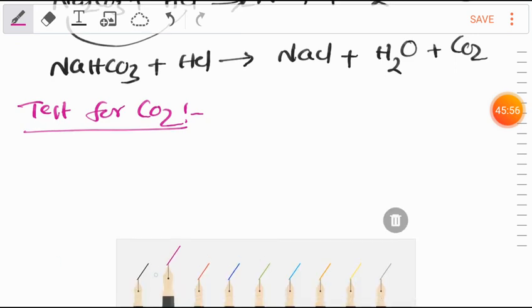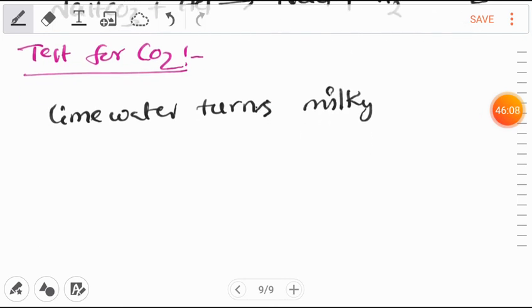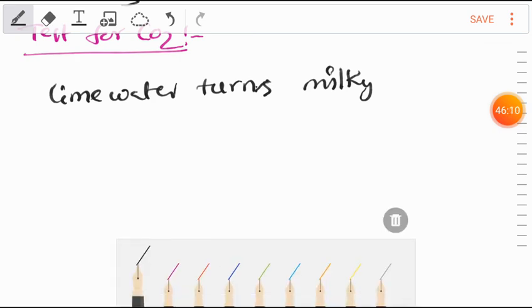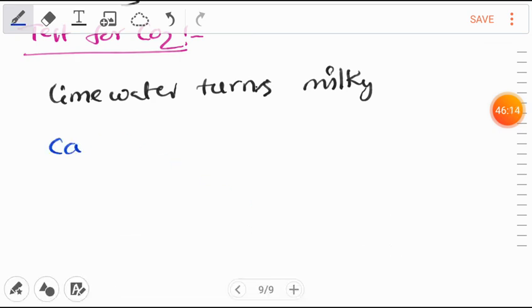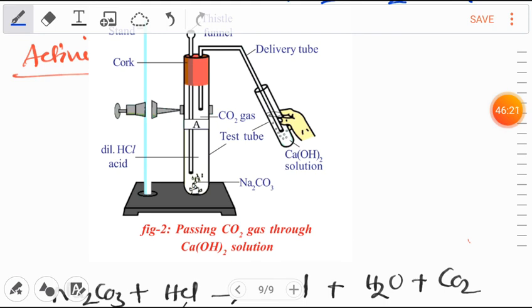You are going to take lime water, and it turns milky. That is the test. What is lime water? Ca(OH)2, we saw in the small test tube.